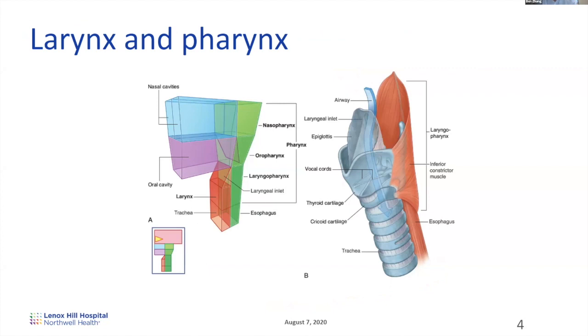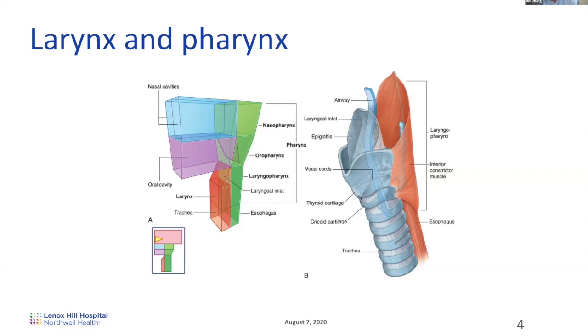Your pharynx is further subdivided into nasopharynx, oropharynx, and laryngopharynx, each with their own functions, which then goes on to become the larynx and then the trachea, or splits into the esophagus. This split happens around the area of C3, C4 at the spinal cord, which we'll touch upon later.